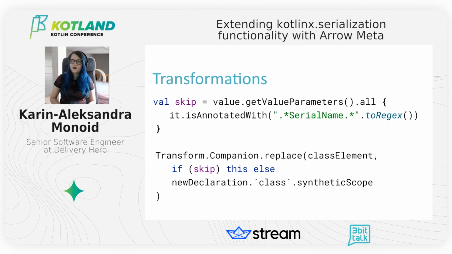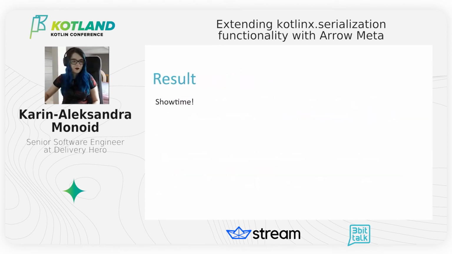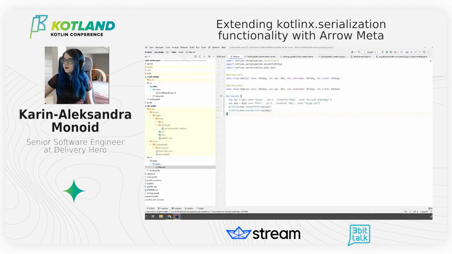So for example, you can write the annotation check with regex and then add it to your replace block, so your annotation won't be added twice. Cool. Let's check what we have in our project in IDEA.